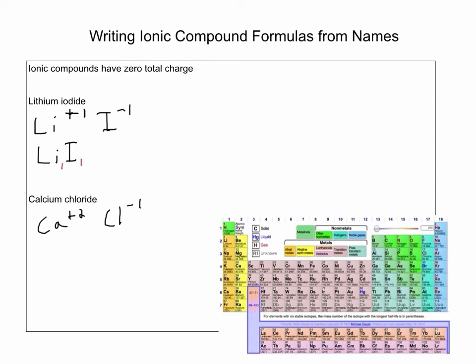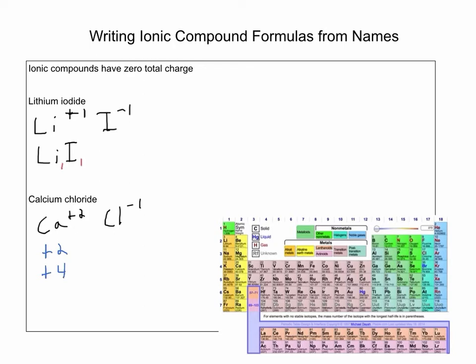I need to figure out how many of each ion I need to balance that charge to make the total be 0. The way I'm going to do this is write out what happens if I have more than one of these ions. So if I have 1 calcium ion, the total charge is +2. If I have 2 calcium ions, I would have a total charge of +4.